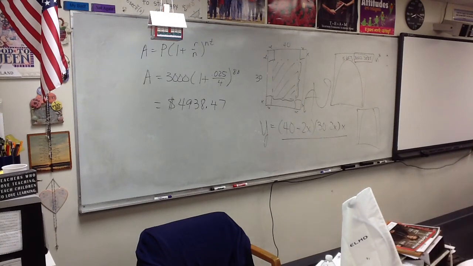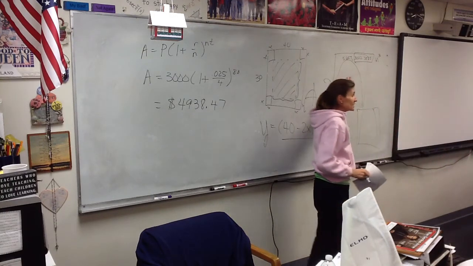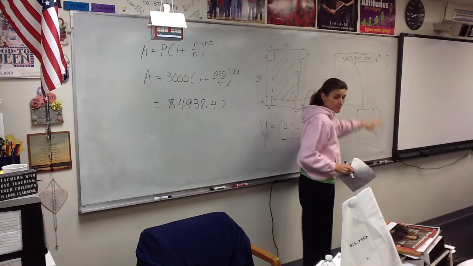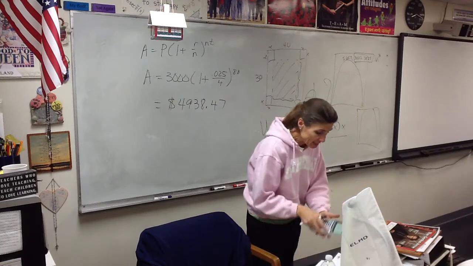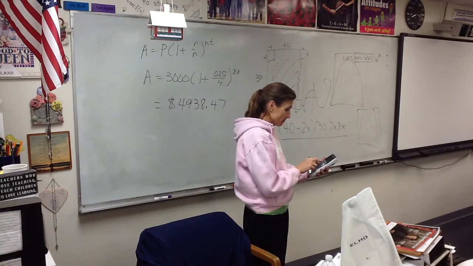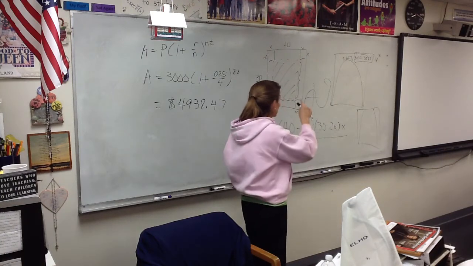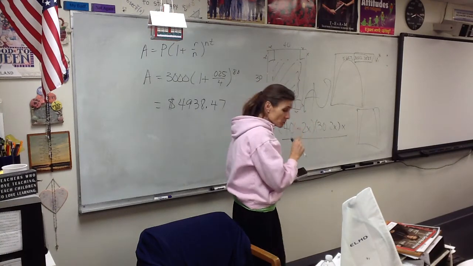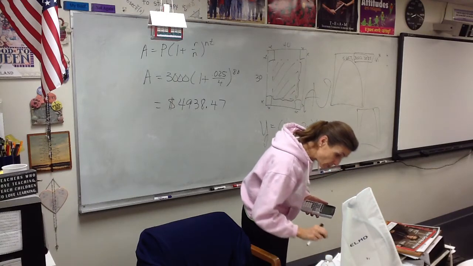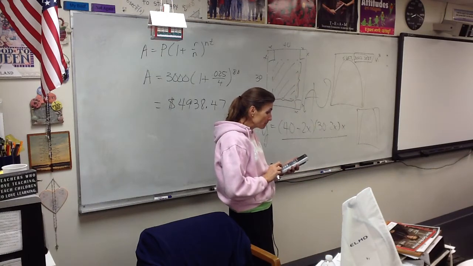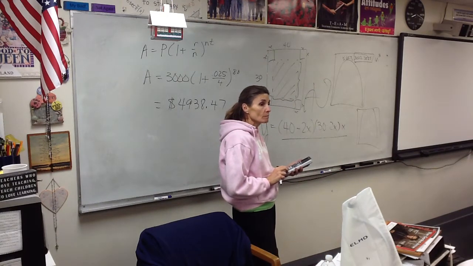What size would the corners be to have a box with a volume of 2,000? Okay? Now, I want you to leave this picture on the screen. I want you to go back into y equals, and I want you to put in a second equation. Leave that one. I want you to put in y equals 2,000. Where did you get 2,000 from?